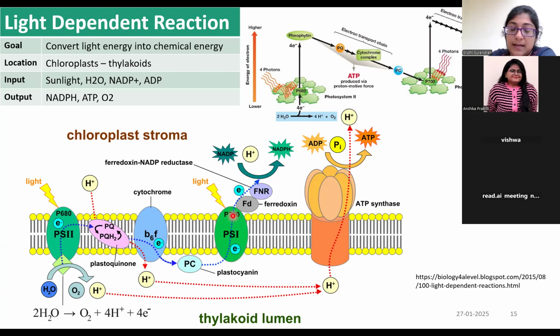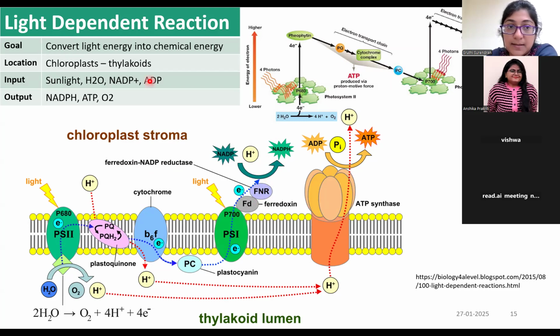Now, this electron is also going to be used in an electron transport chain, except that it will travel through proteins called ferredoxin and ferredoxin NADP reductase and use the H plus in the stroma to reduce a molecule called NADP plus.